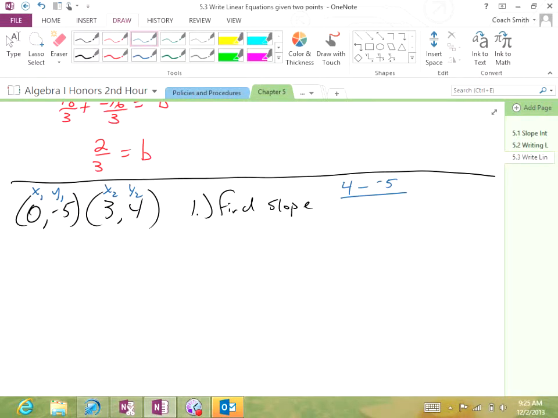And that's going to give me 3 minus 0. So that is 9 over 3, which is 3. So my slope is equal to 3. So I take this and plug it into y equal 3 times x plus b.